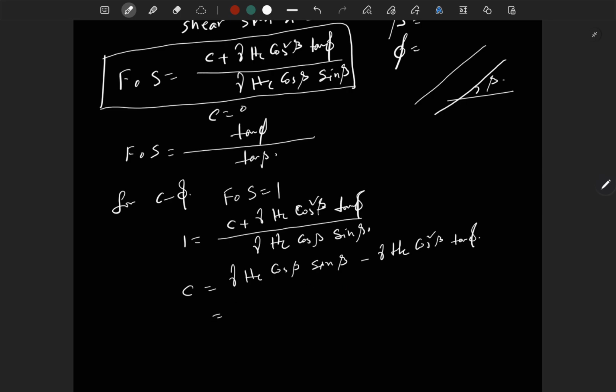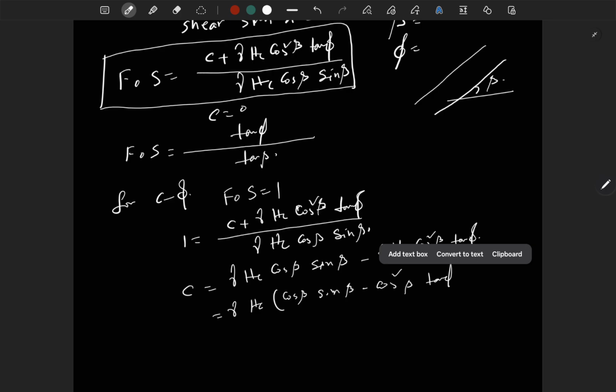Now take gamma z common, then what we will get? Cos beta sin beta minus cos square beta tan phi. Okay, this term is known as Sn, means stability number.